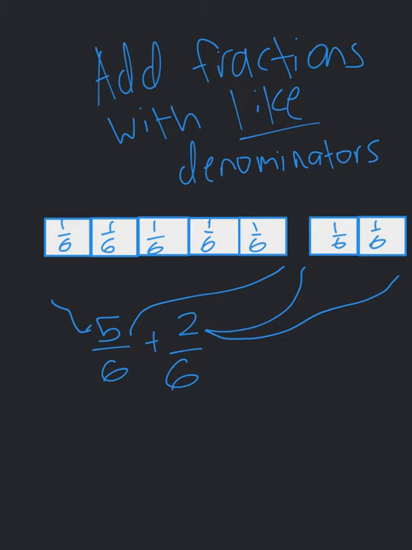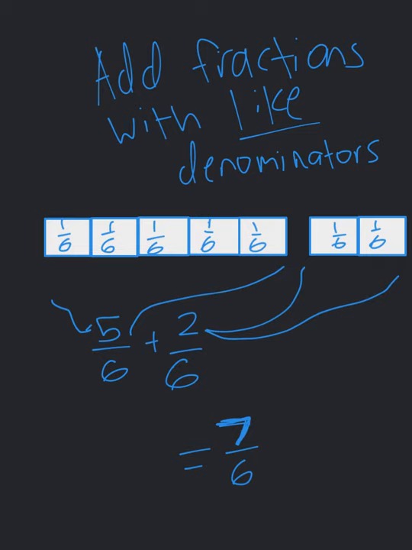So we're going to be adding those amounts together. So all together we can see that we have 1, 2, 3, 4, 5, 6, 7. And so our answer for this one would be 7/6. It's as simple as that.